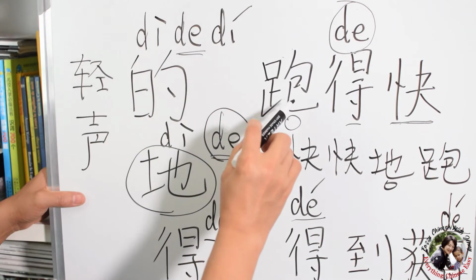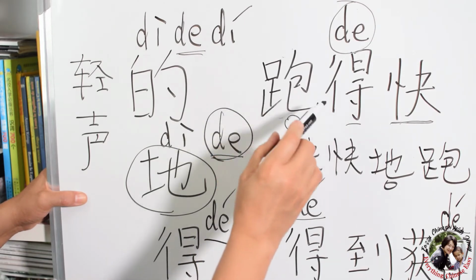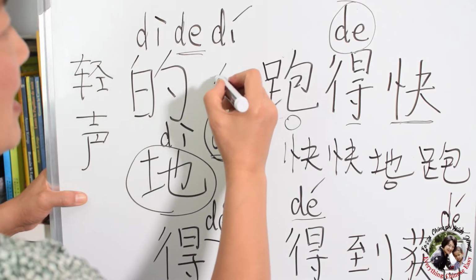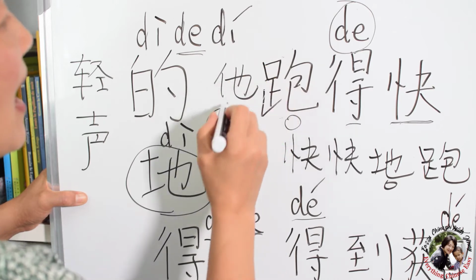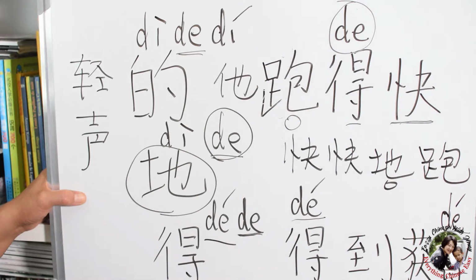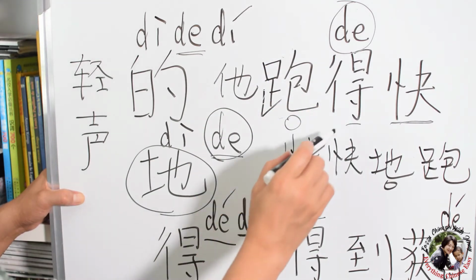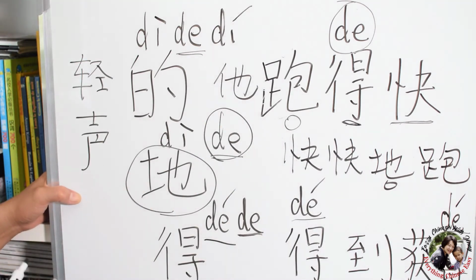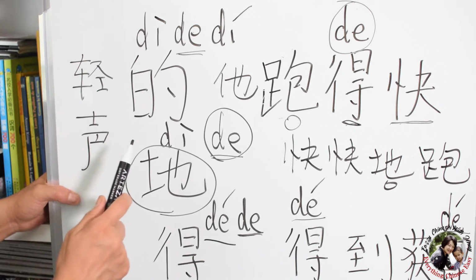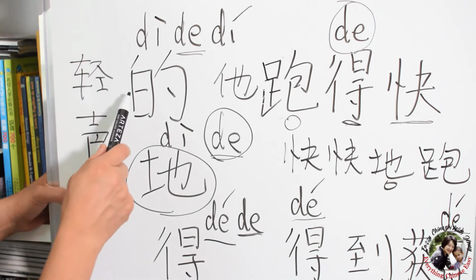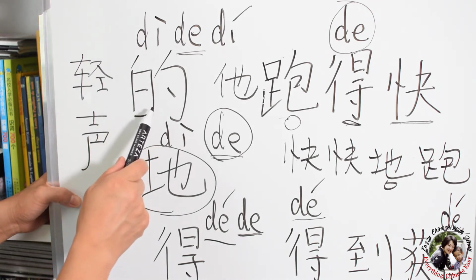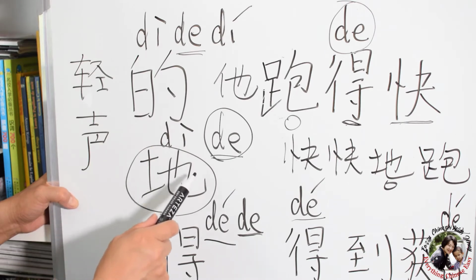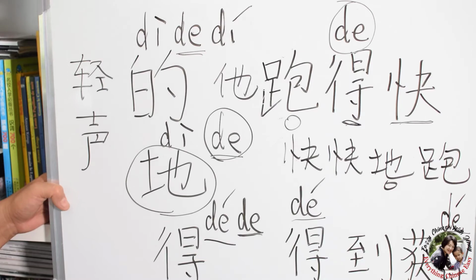If you describe a person running fast, you can say 他跑得快. 跑得快. So here you have to use this de. We have tried to help you remember 白小地土野地得到.